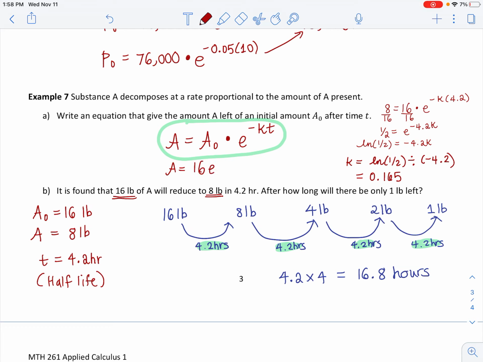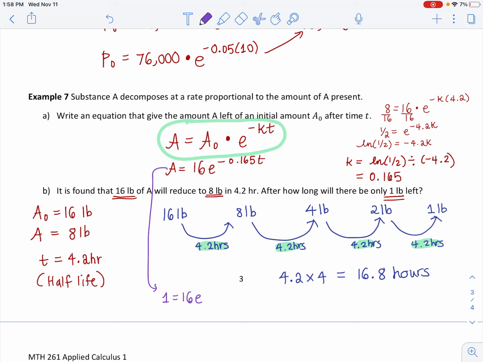So using this, I'm going to write my equation. A equals, how much did we start with? A naught is 16 times e to the negative 0.165t. I'm going to use this equation and find out what t we need to make the ending amount 1.